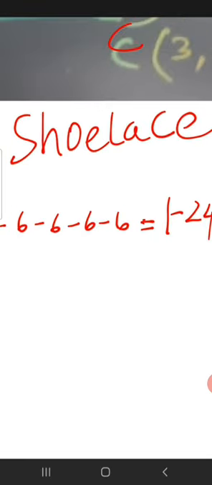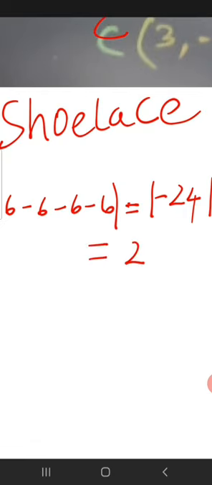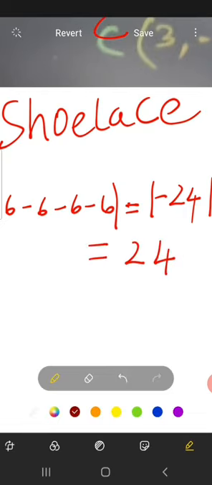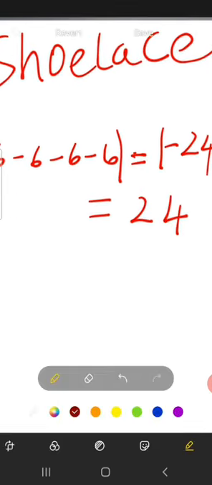So you get -24. Remember, we always take the absolute value or modulus. That gives you 24, because area is always a positive number. So even if you get negative, you will still have to make it positive.